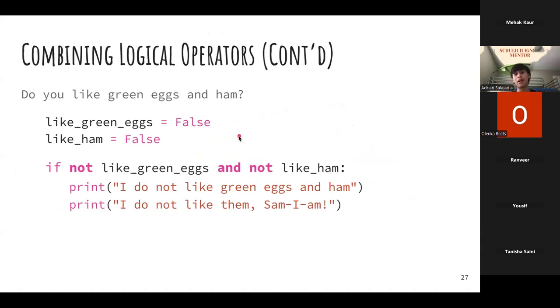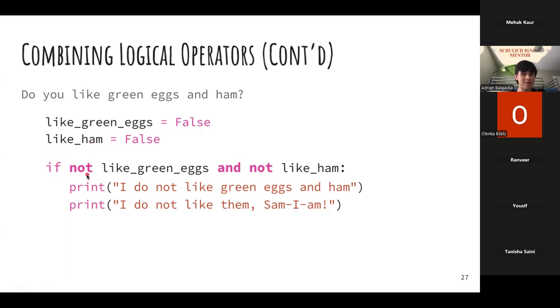So here, you could combine a bunch of these logic operators. Remember we had those things called truth tables. In this example, green eggs equals false, ham equals false.